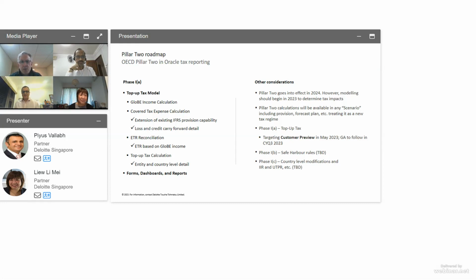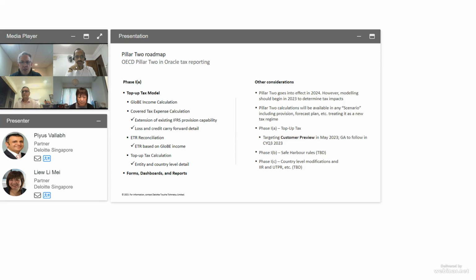Sorry that I dropped. And I'd like to focus in on our roadmap for Pillar 2 at this time. In this slide on the left-hand side, I'm showing that we have broken down our development for 2023 into three parts of a phase 1. On the left-hand side, we have phase 1A, where we're developing our top-up tax model.